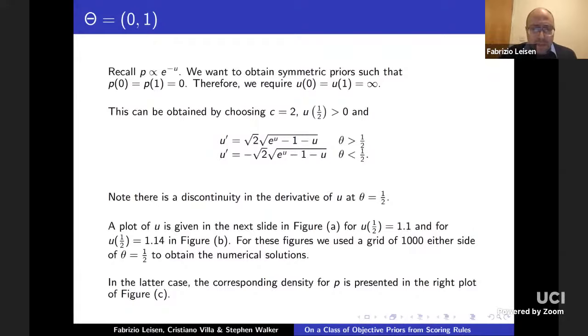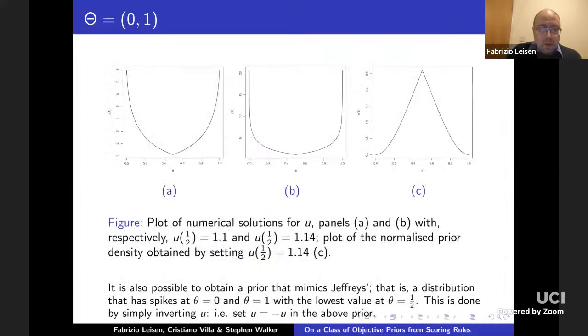Now, if we display the solutions of this differential equation, so if we display the shape of u for different initial conditions, in panel A, we have the solution of u when the initial condition is 1.1, and in panel B when it is slightly more, which is 1.14. What we note is that when we increase this value, we approach infinity faster.